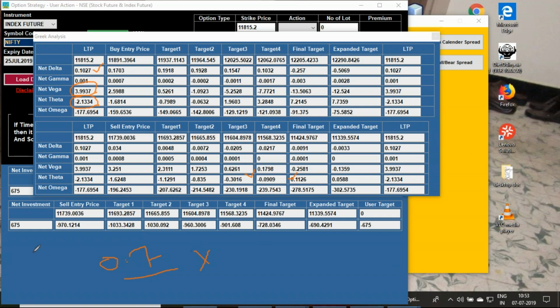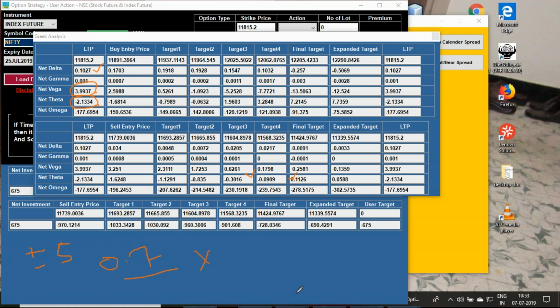At the same time, theta should be within plus or minus 5. Theta should not move above 5 or fall below minus 5. It will make the strategy unstable.